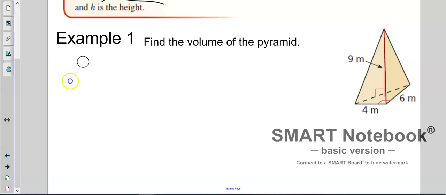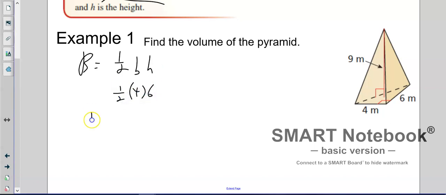So actually I'll just use the right terminology. Capital B is 1/2 base times height. So that's 1/2 times 4 times 6. So the area of the base is half of 4 is 2. That makes times 6 is 12. So that's the area of the floor of the pyramid.